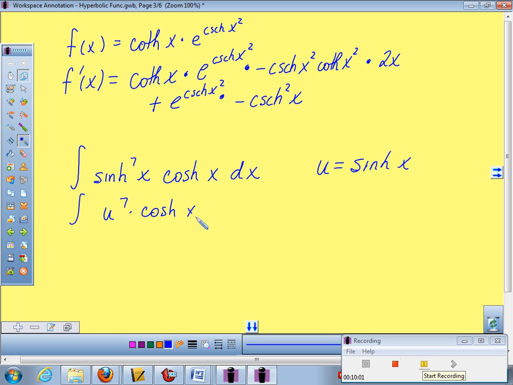We're going to hope that cancels in a minute once we find out what dx is equal to. So if I do our derivative here, derivative of sine is cosine, and then when I divide that over, I would have du over hyperbolic cosine.